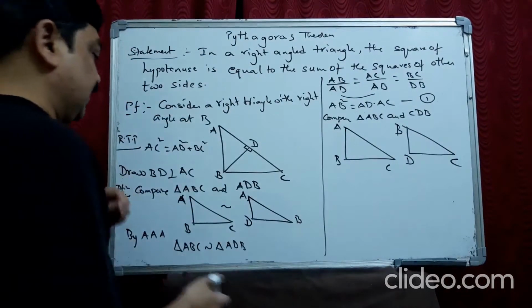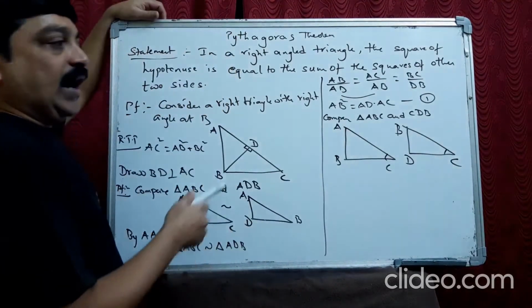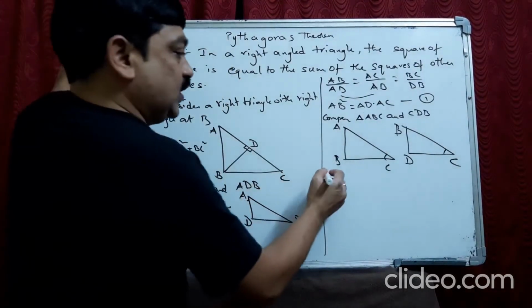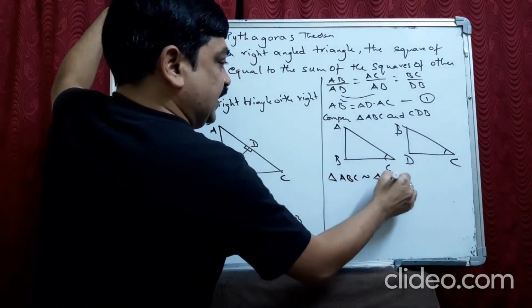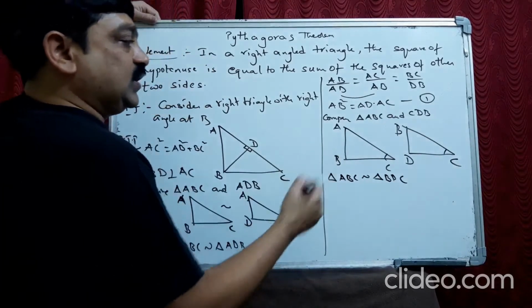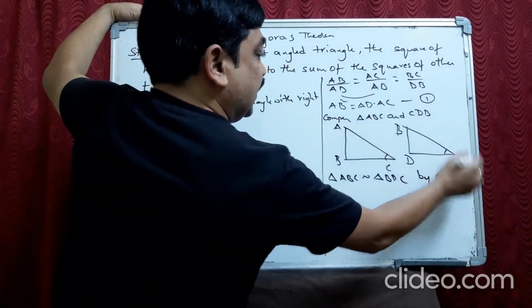These two triangles are similar because of two equal angles: the common angle and the 90 degree angle. So triangle ABC is similar to triangle BDC by triple A similarity.